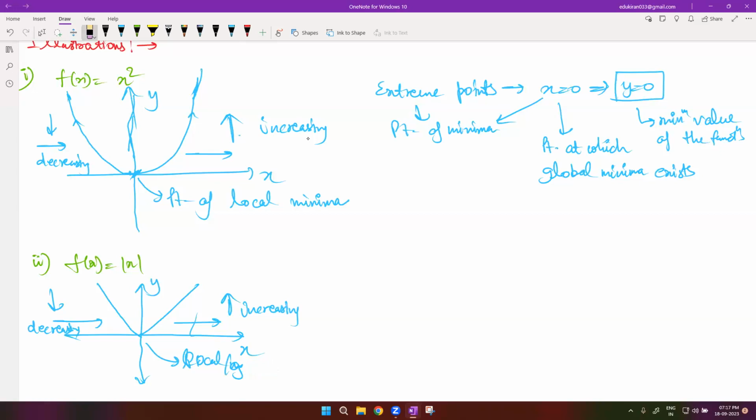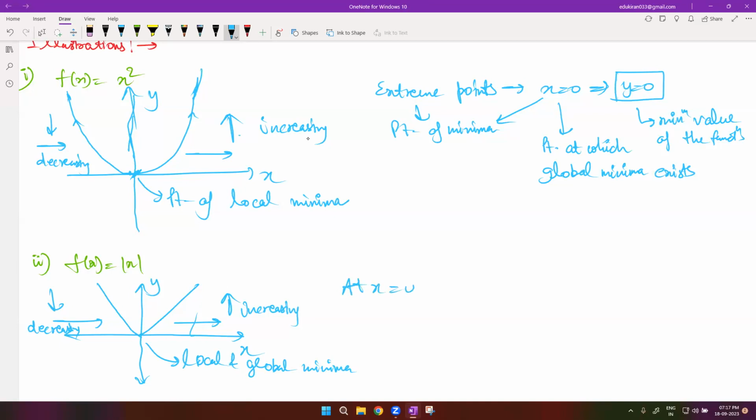So we must write it like this, local and global minimum. And it exists at x equals 0.